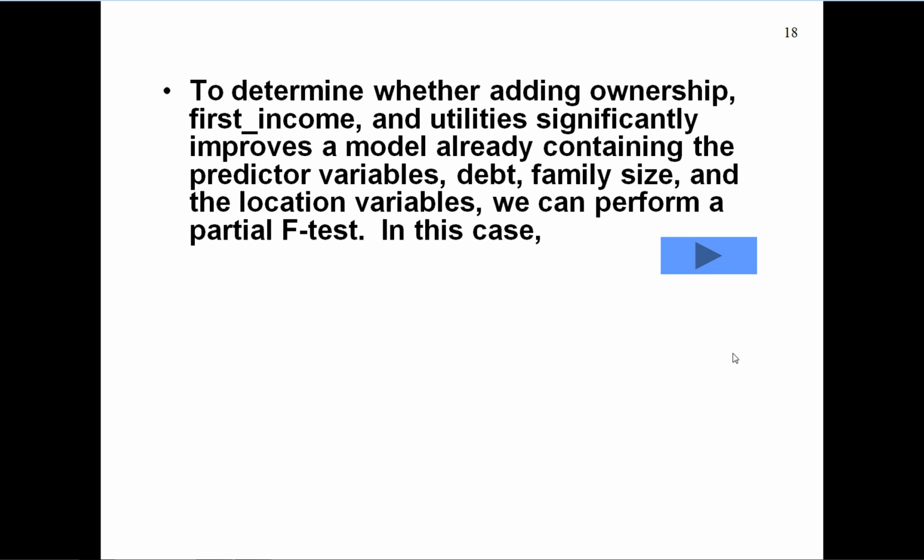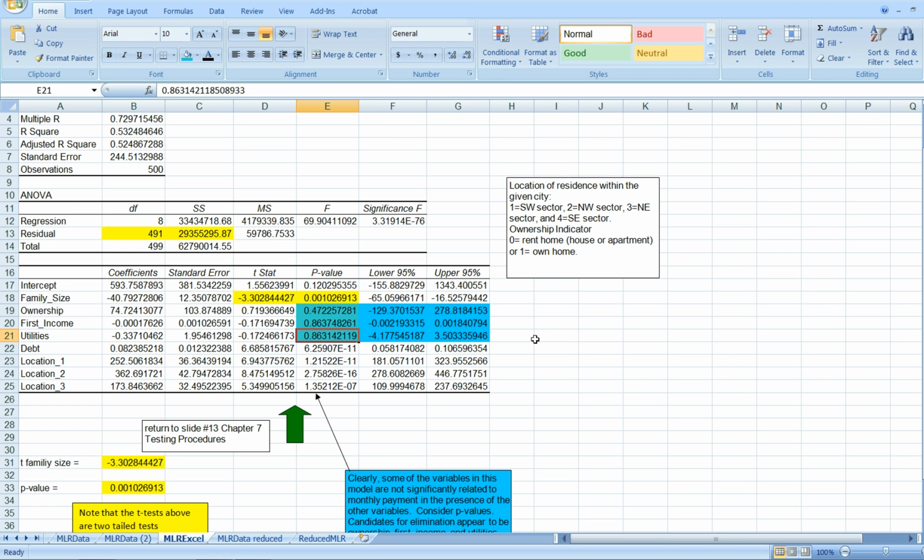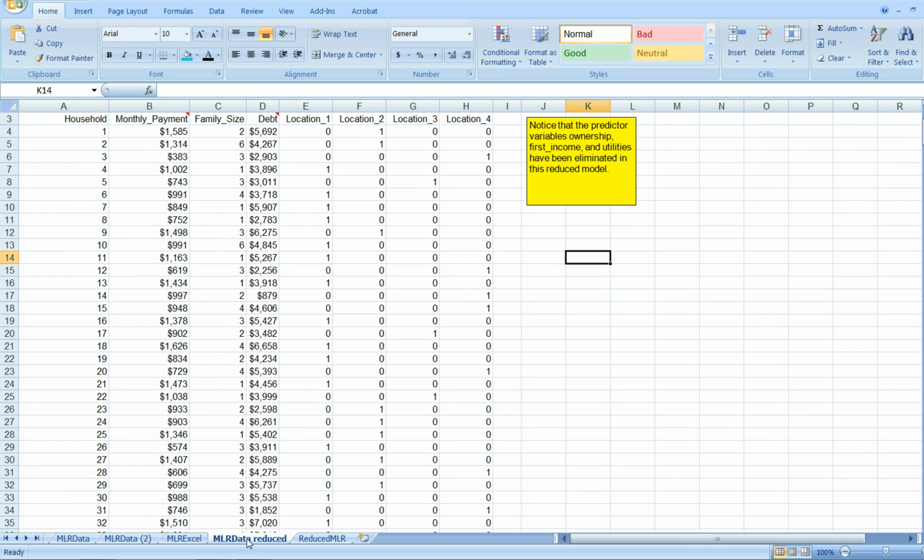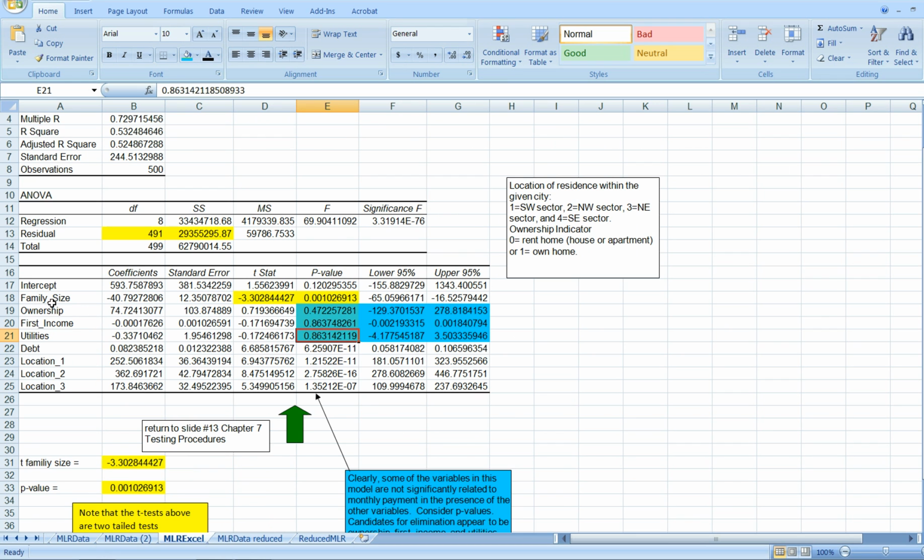So let's go do that. Let's go to the Excel workbook, and again you'll notice that the reduced model includes family size, debt, LOC 1, LOC 2, and LOC 3. That is, we've eliminated these three variables: ownership, first income, and utilities.